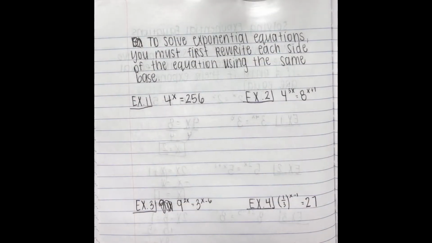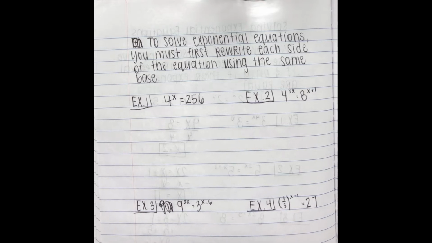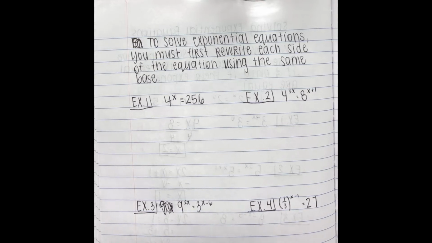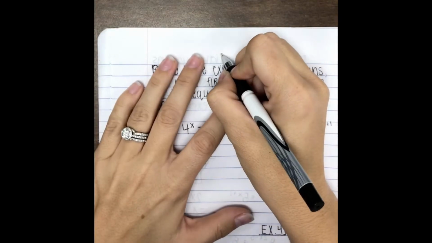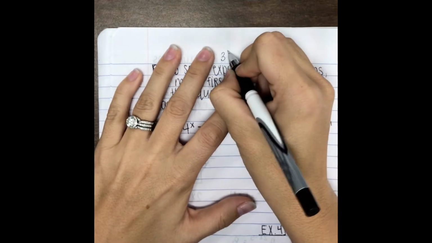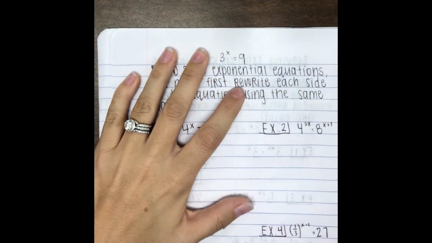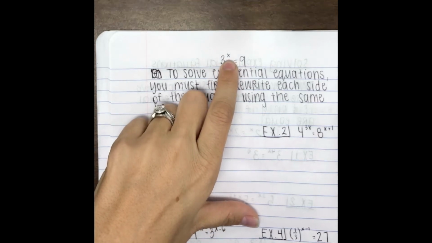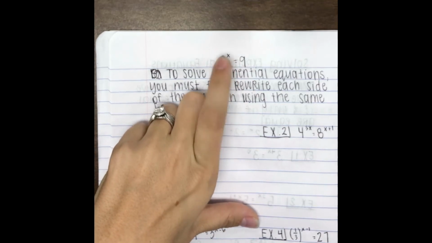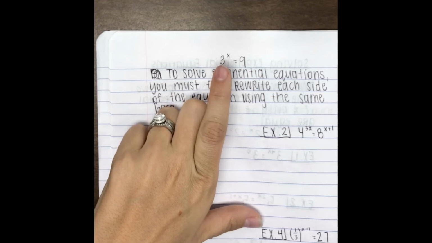Alright, to solve exponential equations, you must first rewrite each side of the equation using the same base. Okay? So, for example, if I had 3 to the power of x equals 9, well, you know x has to be what? A 2, right?